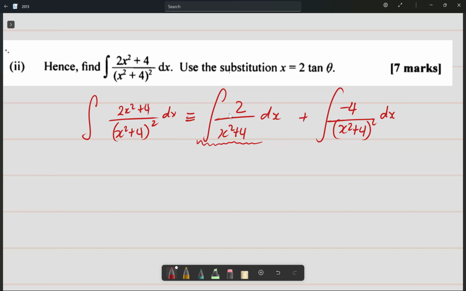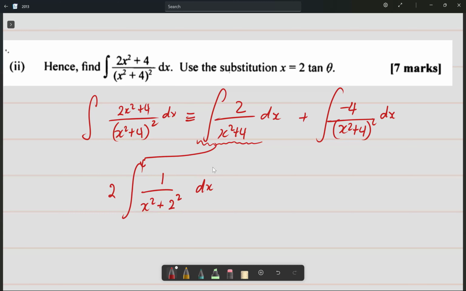So the step I have to take is that you want to rewrite this part as 2 outside the integral of 1 over x squared plus 2 squared dx.